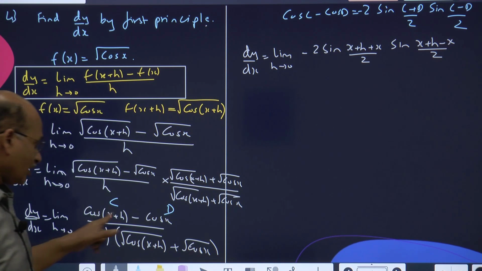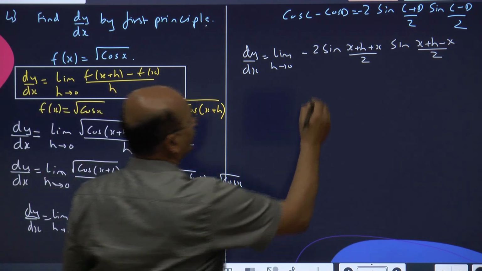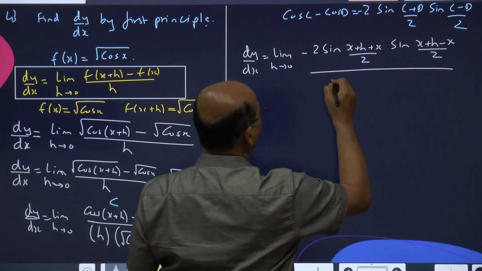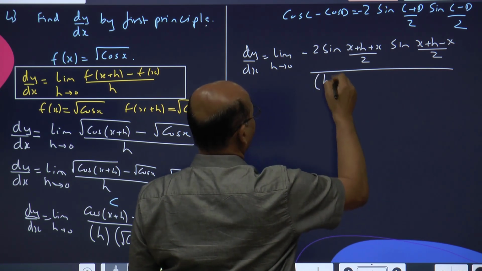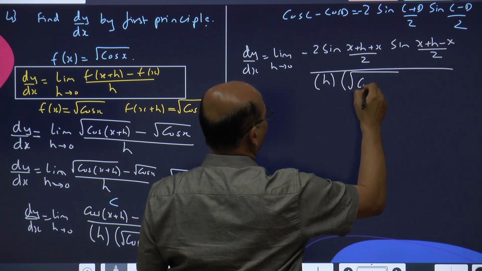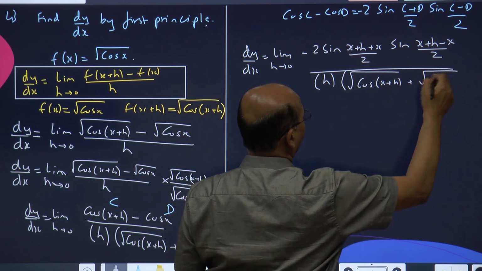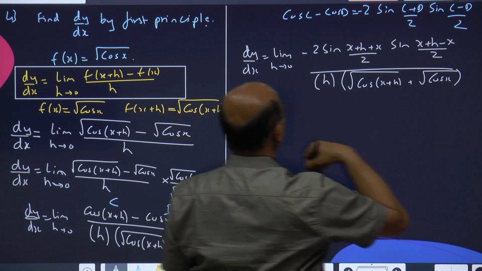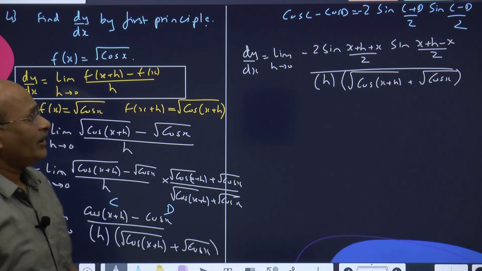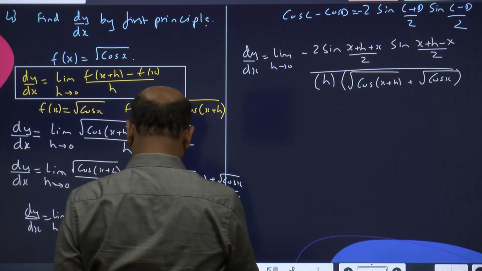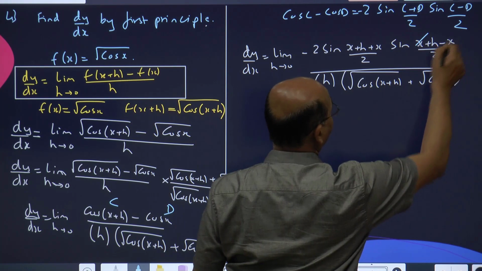Now I wrote cos c minus cos d, the denominator will map up accordingly. So you can write h here, times square root of cos of x plus h plus square root of cos x, as h approaches 0. Let me simplify whatever is possible, this will get cancelled.